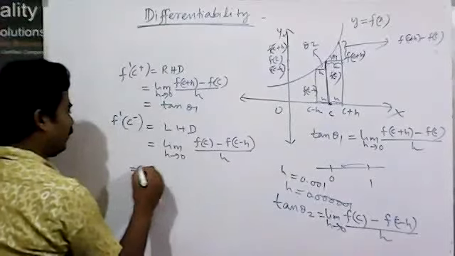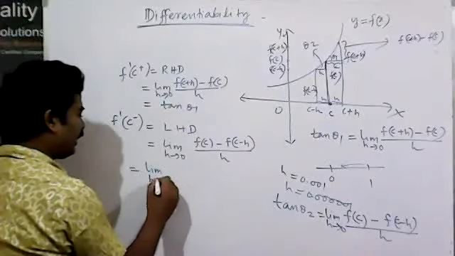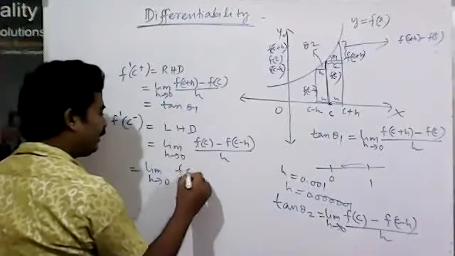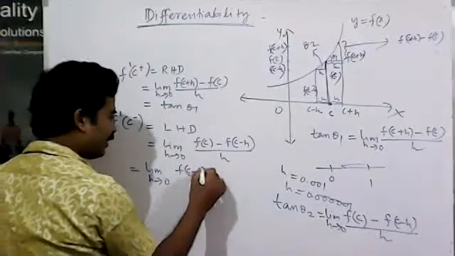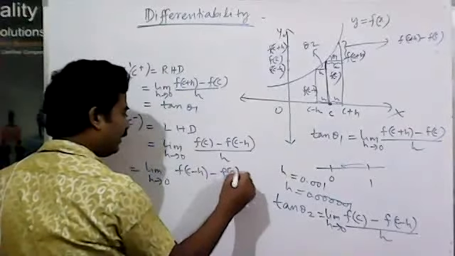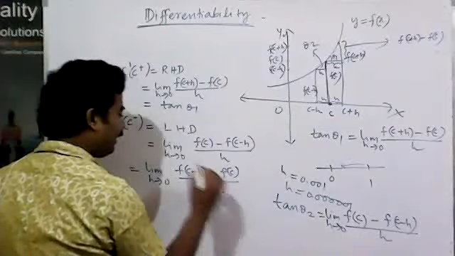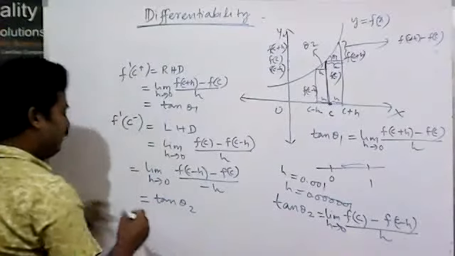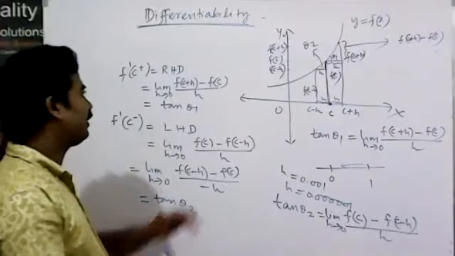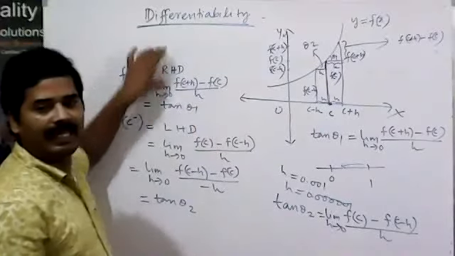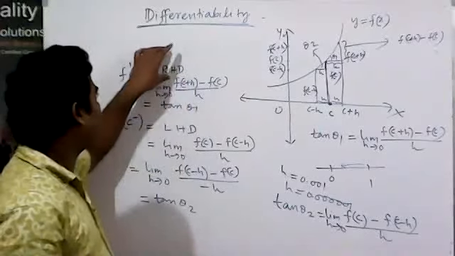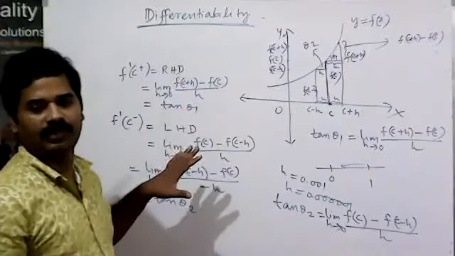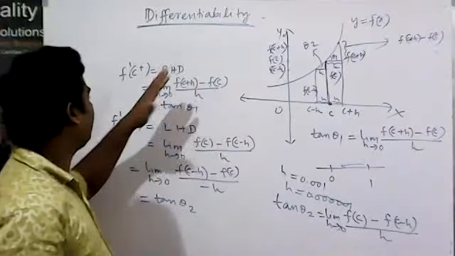You can say that is equal to limit h tends to 0 of f(c minus h) minus f(c) divided by minus h, which is equal to tan theta 2. This is the derivation of how LHD and RHD come. That is the definition.